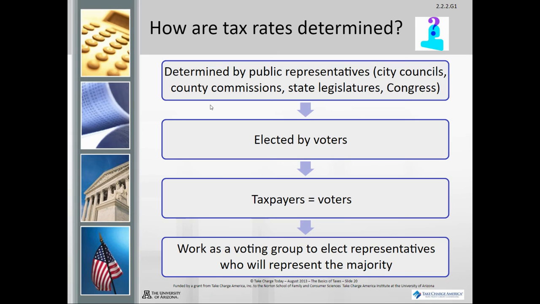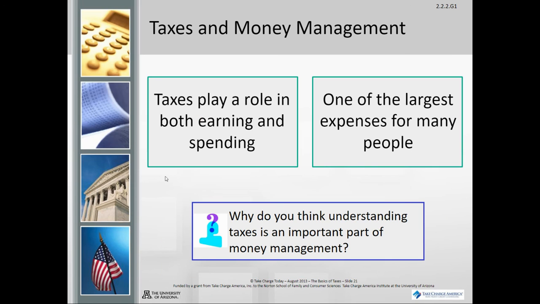Really doesn't have to do with us or the businesses or even the governments themselves. It's the representatives.